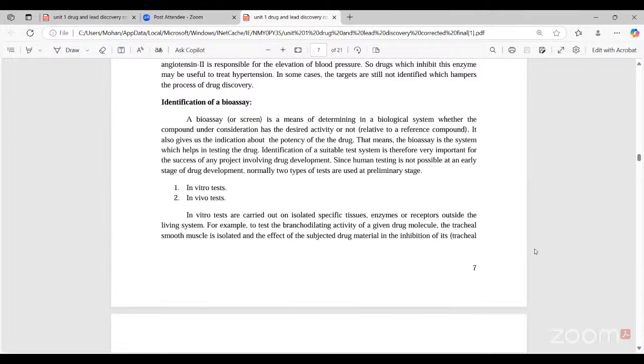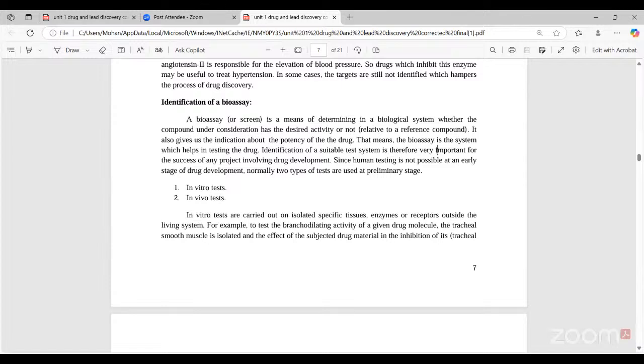So identification of a suitable test system is very important for the success of the drug development project. Since human testing is not possible at an early stage of development, two types of tests are done primarily: the in vivo test and the in vitro test.